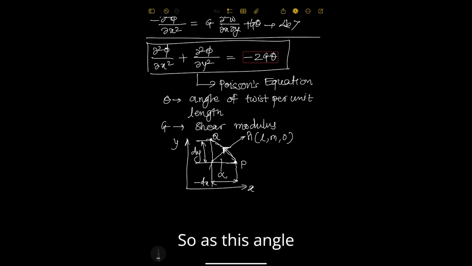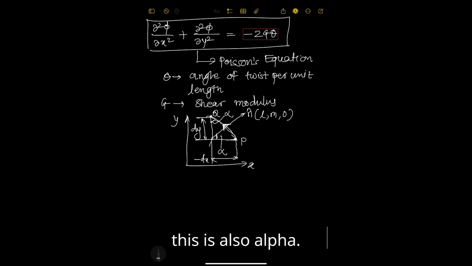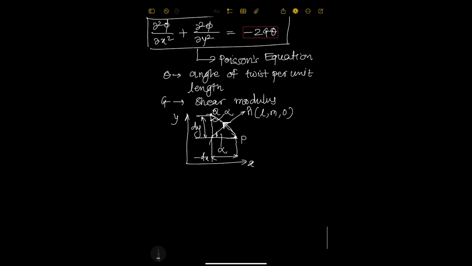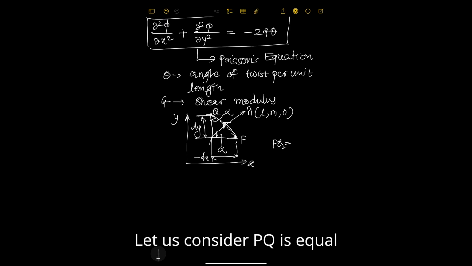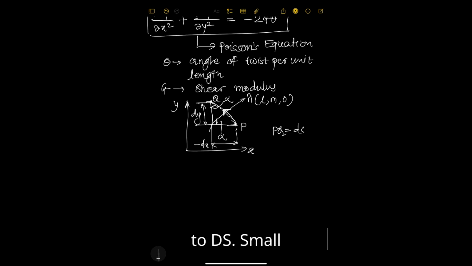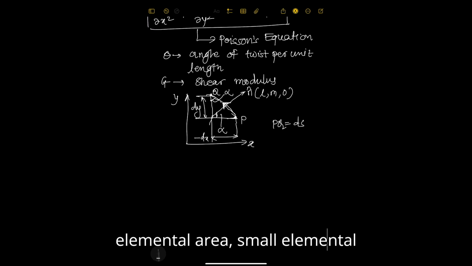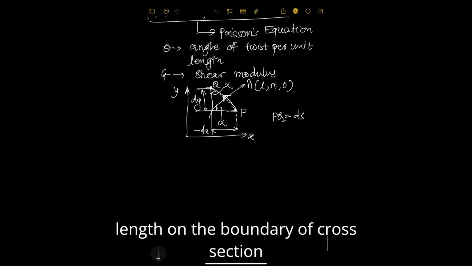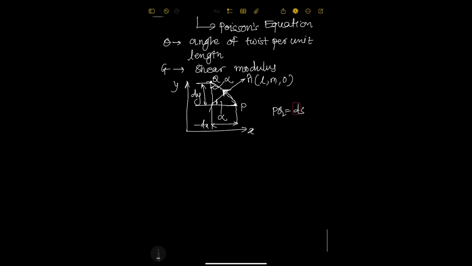As this angle is alpha, hence this is also alpha. Let's consider PQ is equal to ds, a small elemental length on the boundary of the cross section.